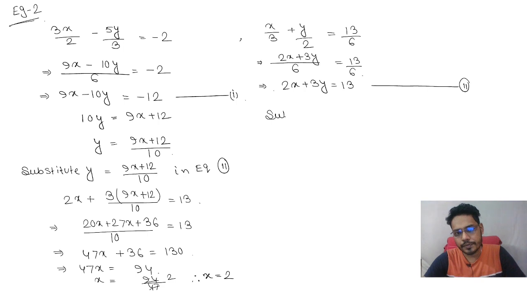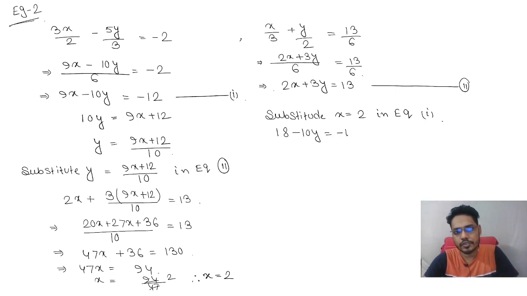Now substitute. You can substitute the value in equation number 1 or 2, not an issue with this. Substitute x is equal to 2 in equation number 1. So 9 into 2 is 18, minus 10y is equal to minus 12.